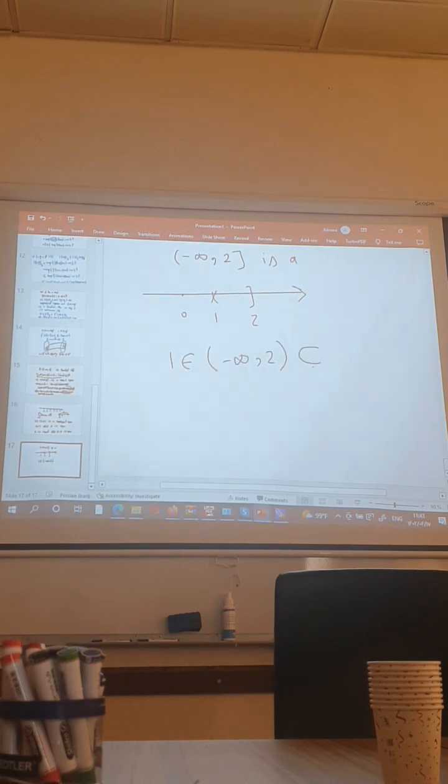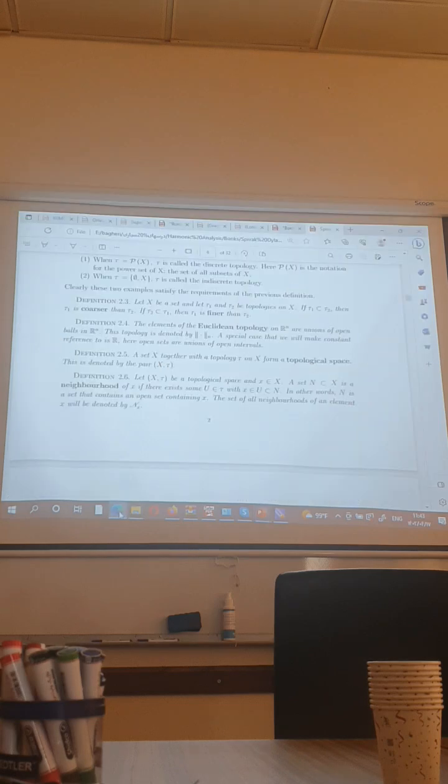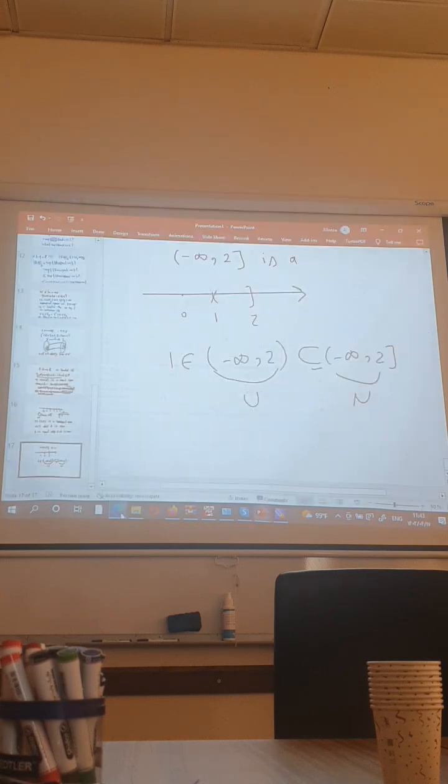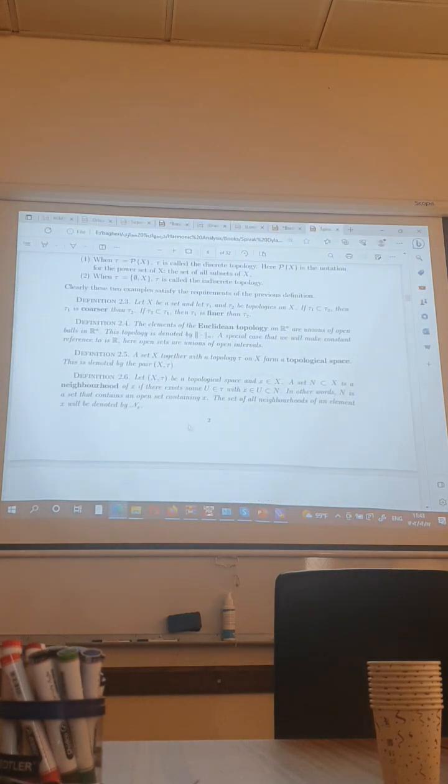And this is a subset of minus infinity to 0 closed.